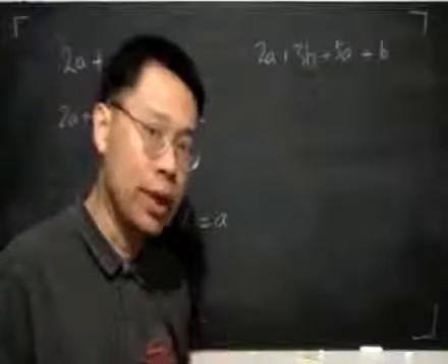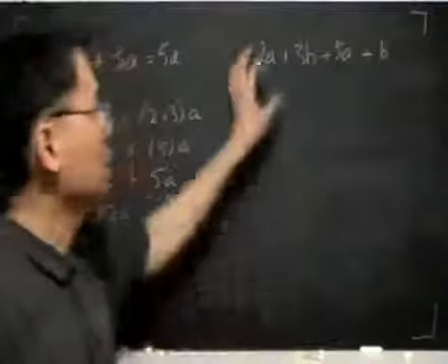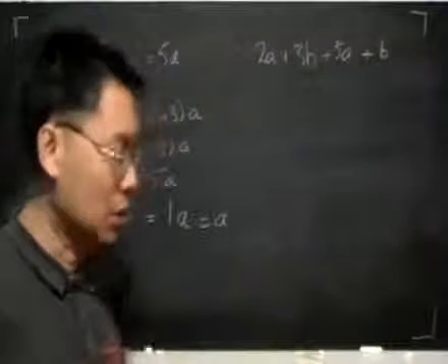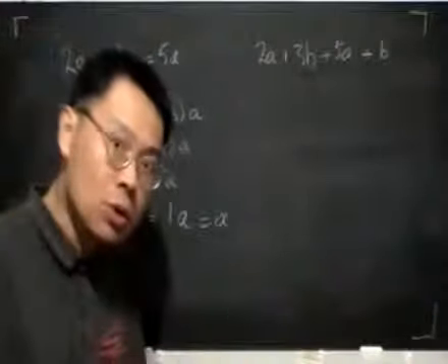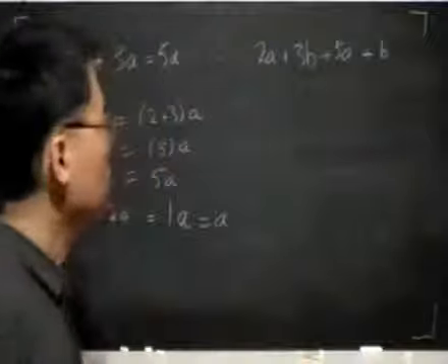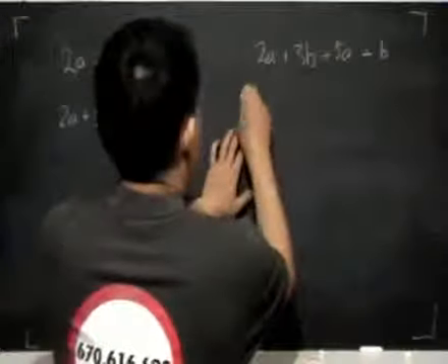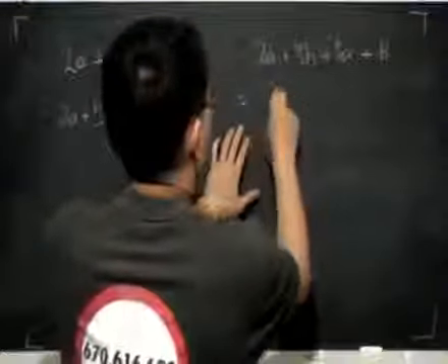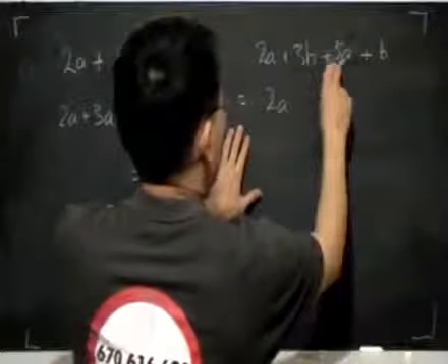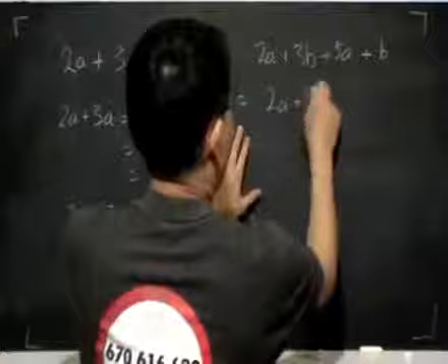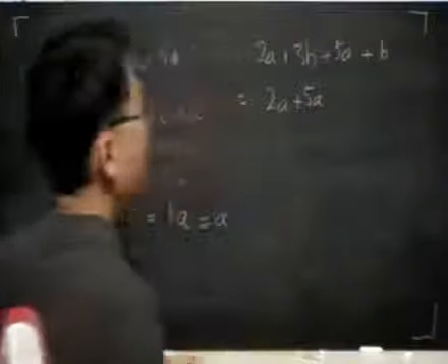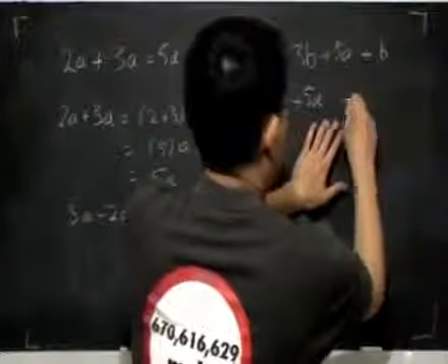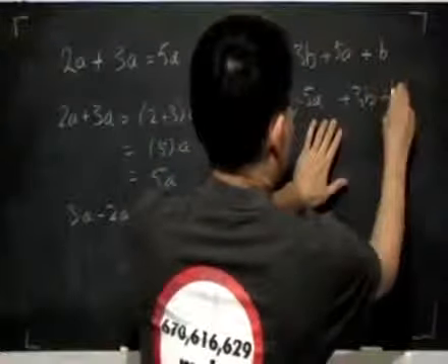So the way to simplify such an expression with a mixture of like and unlike terms is to group the like terms together. So let's do that. We have 2a, and the like term for 2a is 5a. So I'll put these together. And then 3b and b, so 3b plus b.